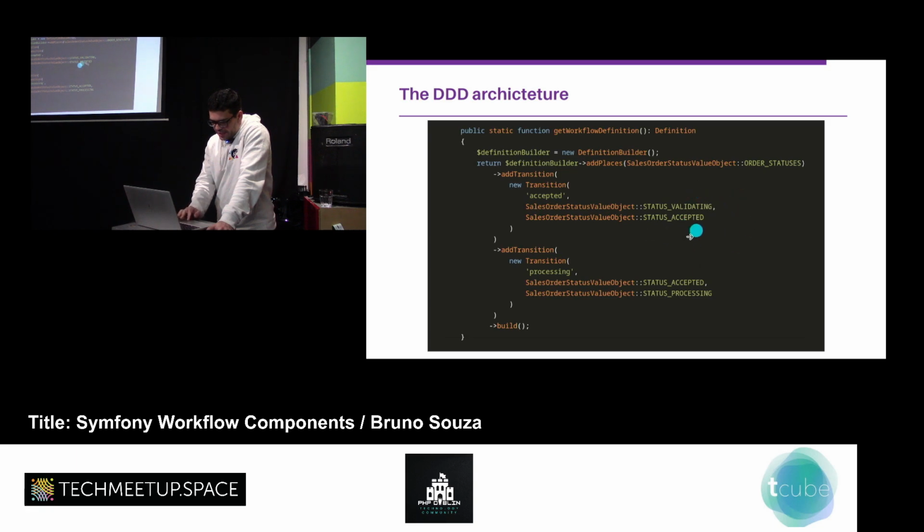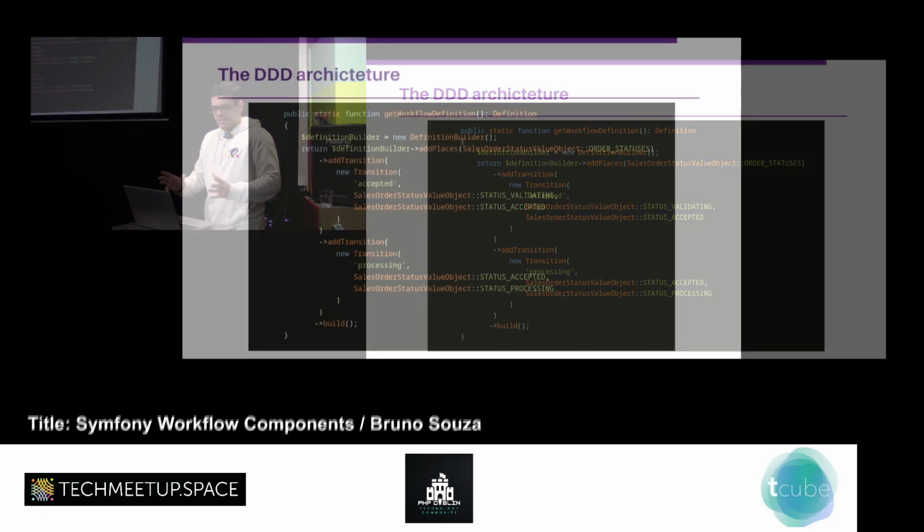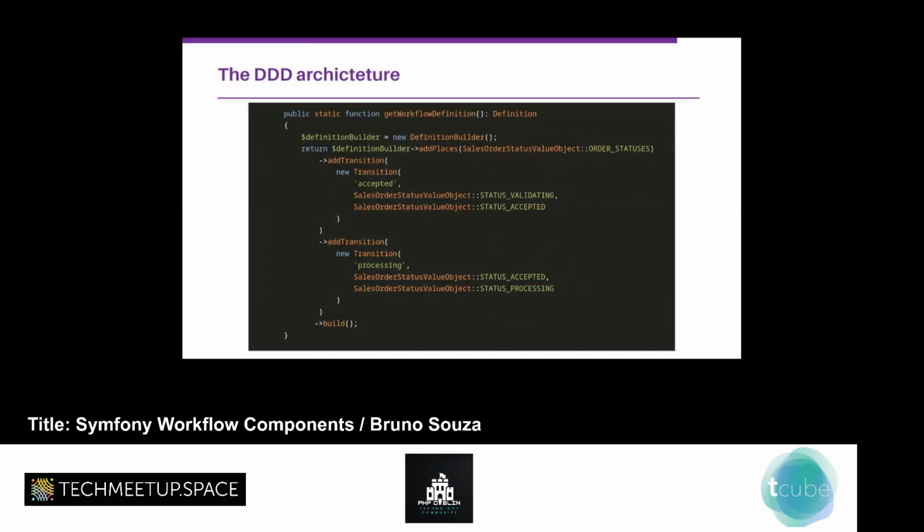And inside this method, I can define my transitions. So this function is located on my entity, so on my domain. I don't like putting the logic separated. As I have to isolate my domain, I can put my logic for transitions and changing the status also inside the domain layer.